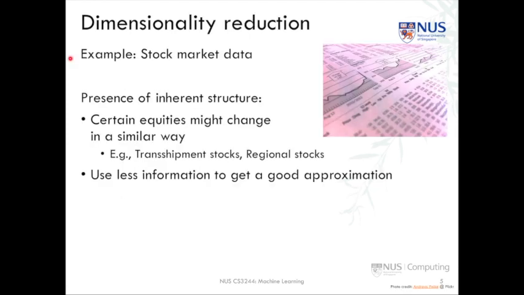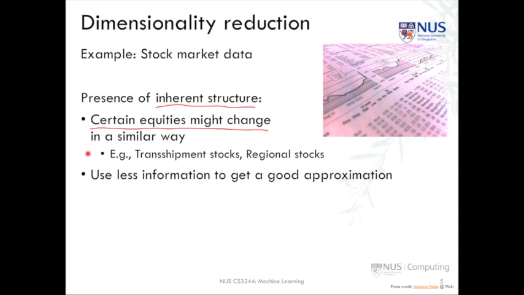So let's take a look at an example of stock market data. Even though we might have many tickers of data for individual stocks, there is some type of inherent structure in mind. For example, a certain basket of equities might change in a similar way. For example, all the stocks that are related to transshipment are going to be affected by the same global events in the same way.